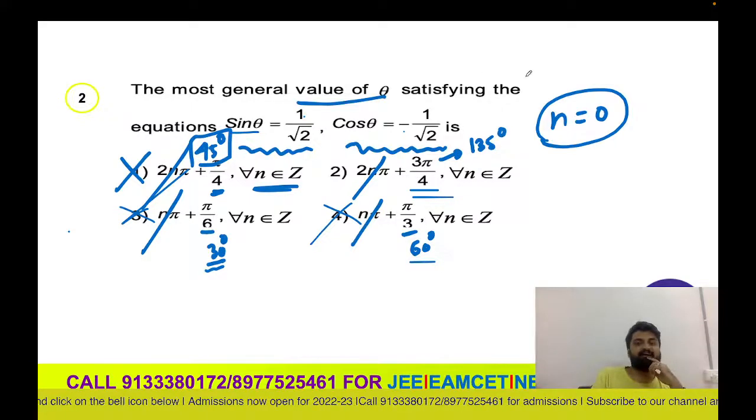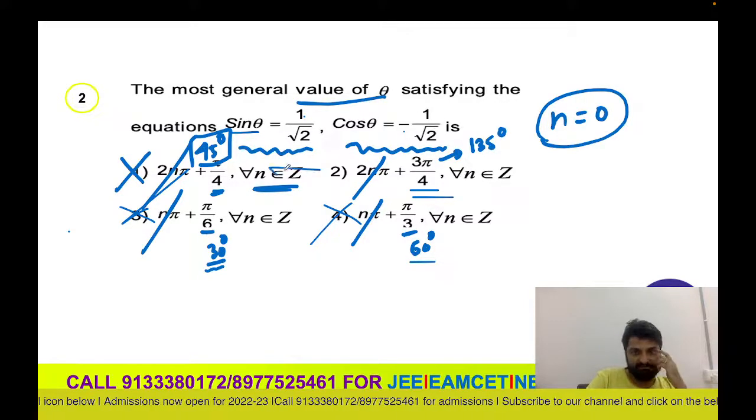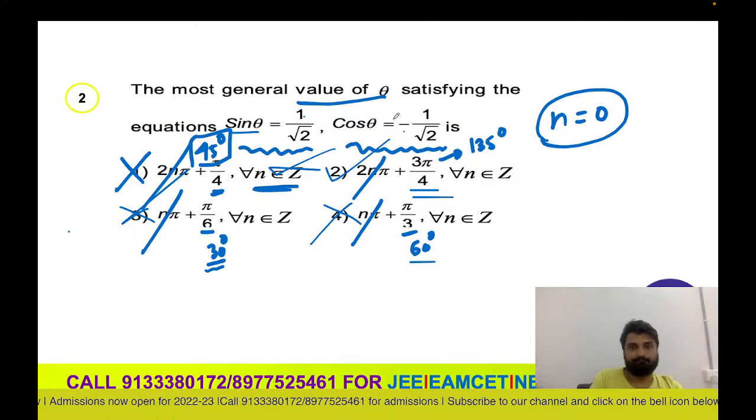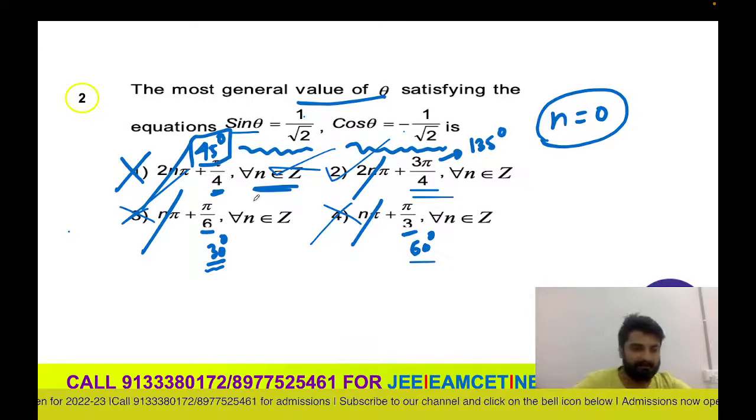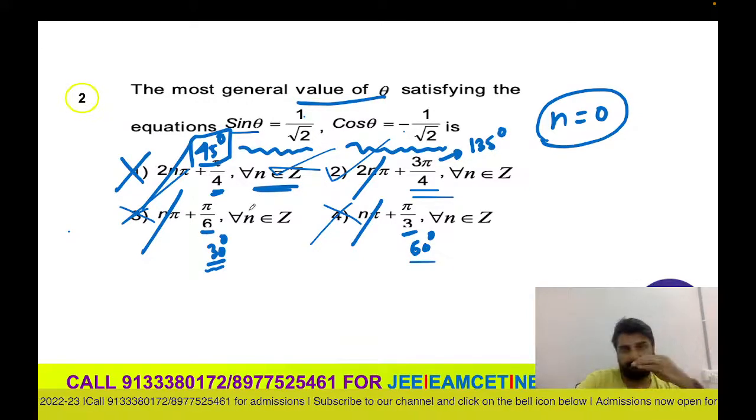Sin 135 is 1 by root 2, but cos 135 is minus 1 by root 2. So second option will give us the final answer. I hope this is clear to everybody. So this is your second option.